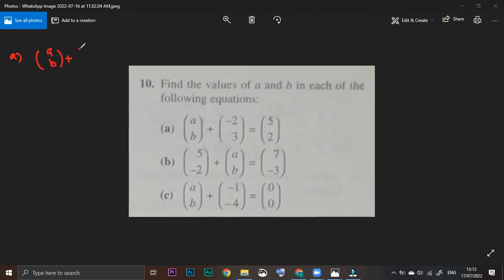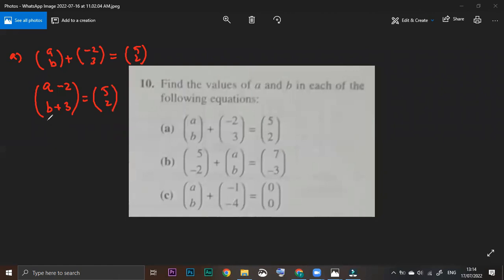A, B plus minus 2, 3 is equal to 5, 2. We will add the horizontal components, A minus 2, and we will add the vertical components. And this one is equal to 5, 2.